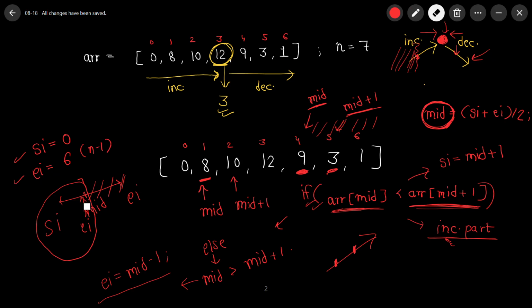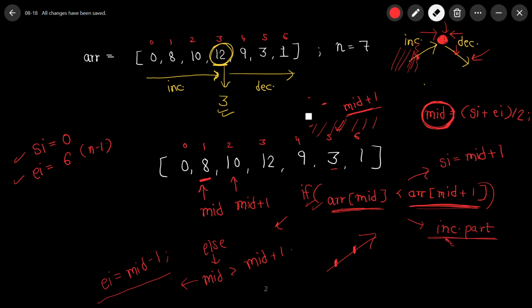Suppose, let me first clean this up. Yeah, perfect. But suppose our mid is here, mid points to 12, so that means mid plus 1 would point to 9.